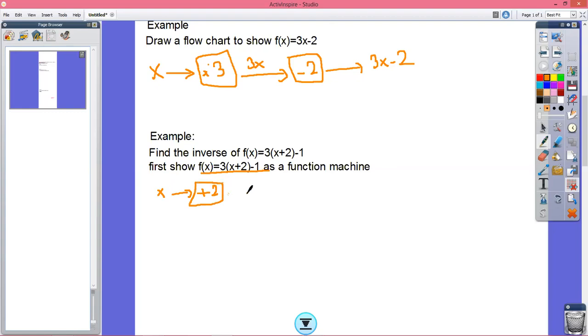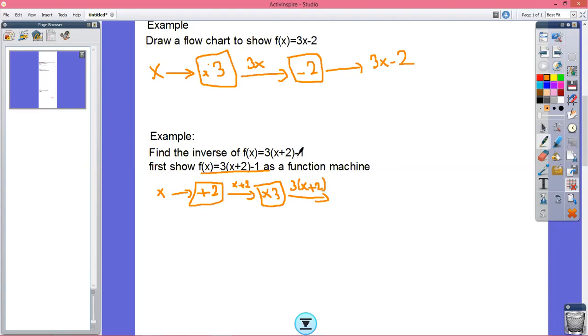What did we get at the end? We got x plus 2. What do we need to do now? This one, x plus 2, we need to multiply by 3. The function machine was working in this form. We got 3 multiplied by (x plus 2).